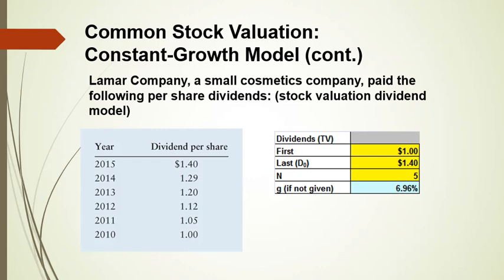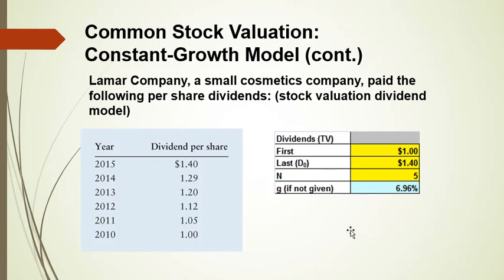One of the ways we can do this, and there's more than one way, is through time value of money. Here we have a stream of dividends from 2010 to 2015. Dividends started at $1. They ended up at $1.40. We need to calculate the growth rate from 2010 to 2015.